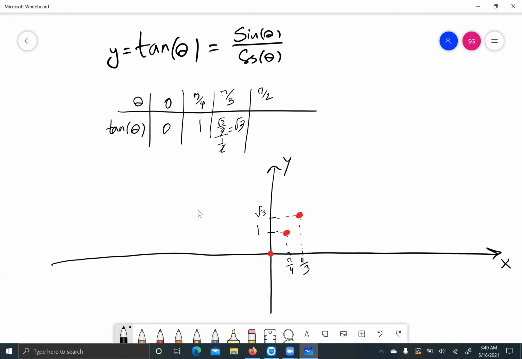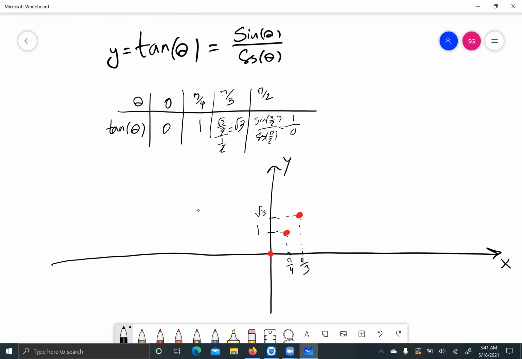As you increase the angle, the tangent value keeps increasing. But when you reach pi over 2, tangent is sine of pi over 2 over cosine of pi over 2. What is sine of pi over 2? It's 1.